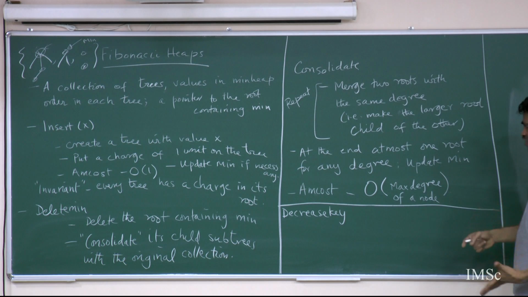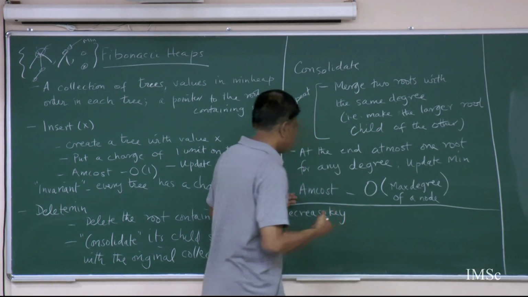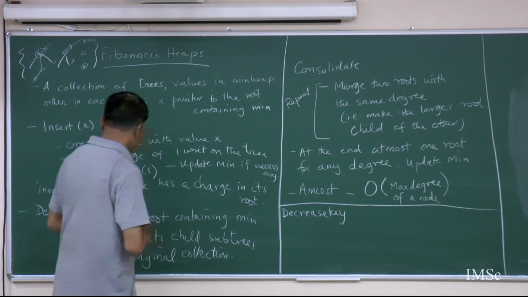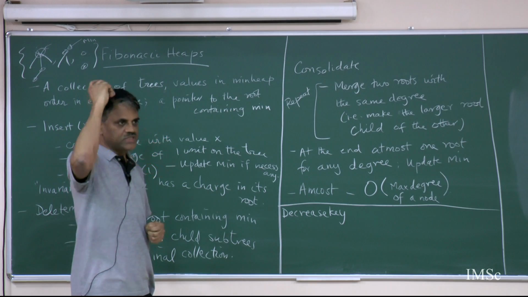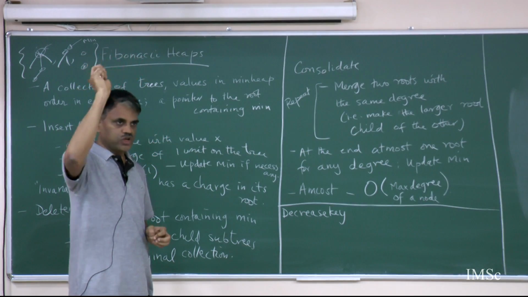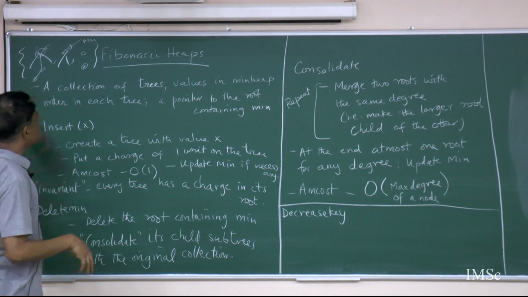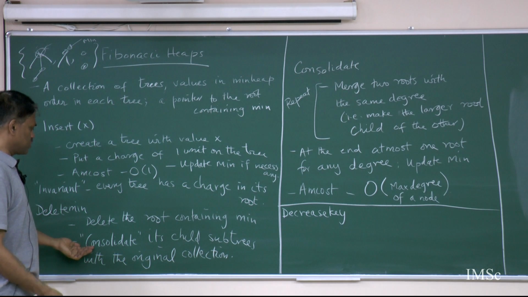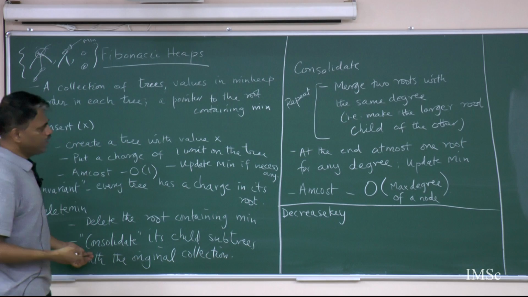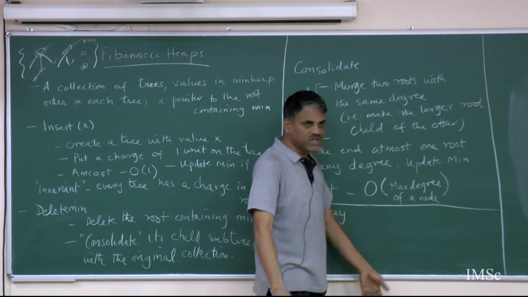The amortized cost, we argued: how much charge did the delete min operation come with? Well, every tree in the original collection has a charge. That means somebody already paid for it, so you can use that to do the merging. But my child subtrees don't have charge, so I bring that cost to merge them. So the amortized cost is my degree, how many children I have.